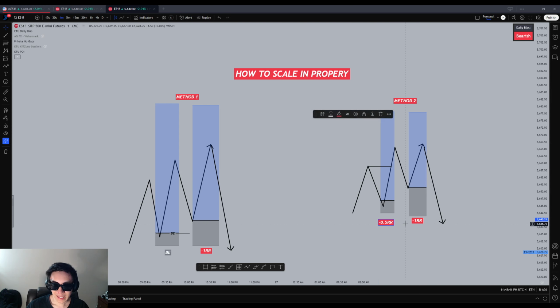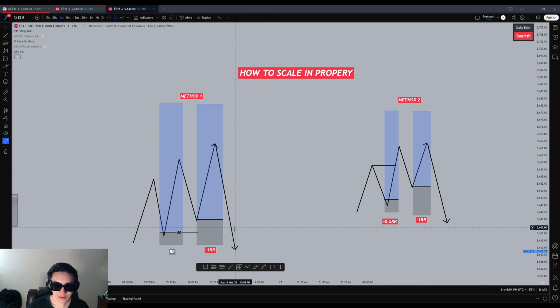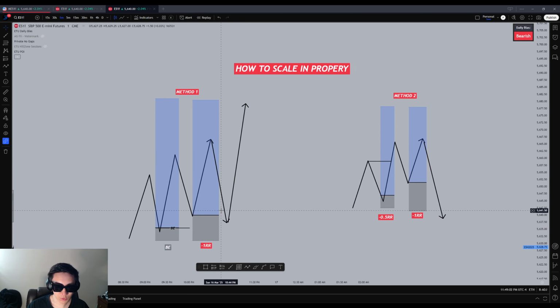Therefore, now someone asks, why would you ever do a system like this where you're taking on more risk while having roughly the same upside, when you can just take less risk and have the same upside? Well, here's the catch. In a trade like this, let's say something like this occurs and it hits your TP. What happens to this trade in method 1?